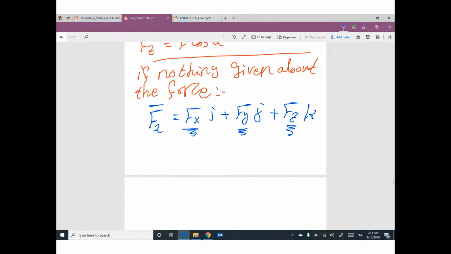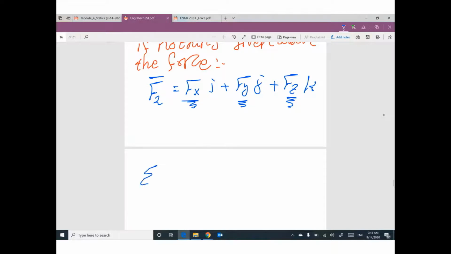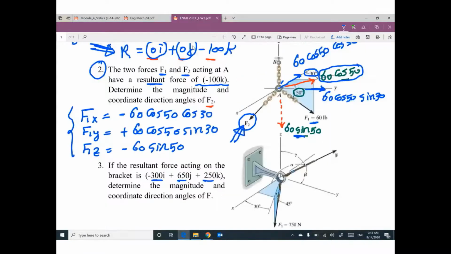Finally, summation of all x components equal x component of the resultant. Summation of all x components for the forces equal x component for the resultant. X component for F1 is negative 60 cosine 50 cosine 30.